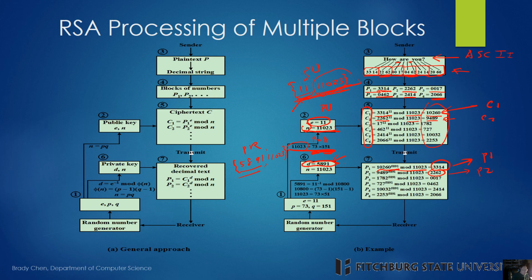That's the reason why we need to select a number up to 309 decimal digits. Now this number, n, 11,023, is too small, so you can still use the traditional way to factor it. But with more than 300 decimal digits, the traditional way is going to take more than a billion years to factor it. So it's computationally infeasible.